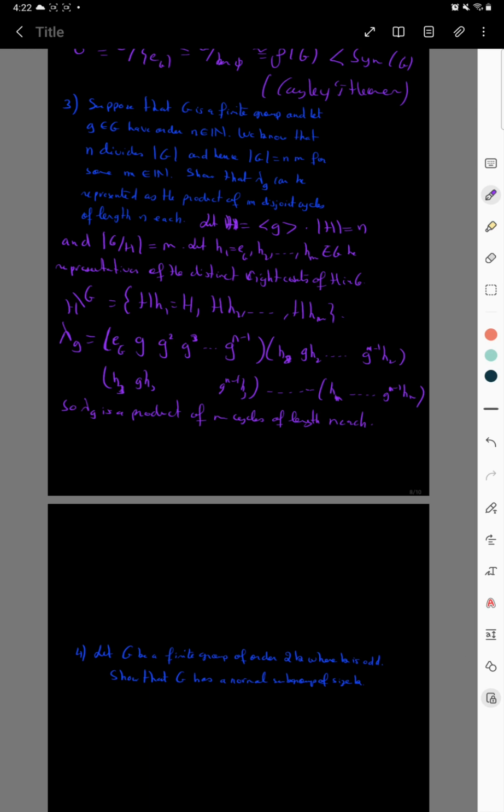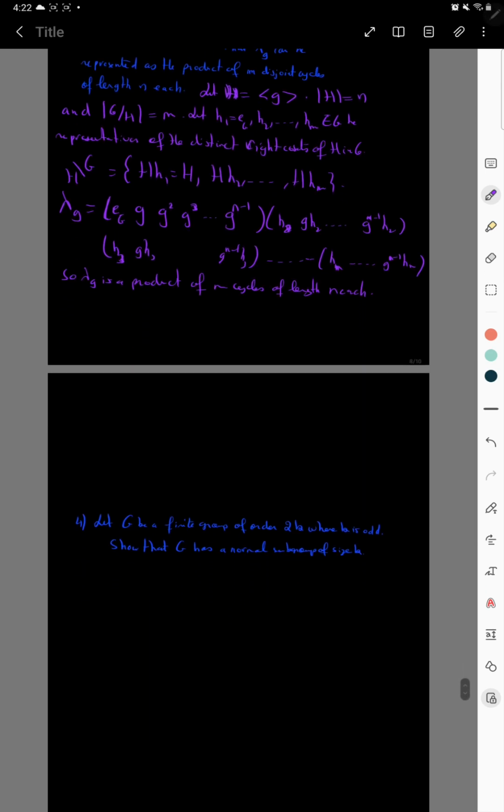Okay, now let's look at the fourth question. Let G be a finite group of order 2k where k is odd. Show that G has a normal subgroup of size k. How do we do that?